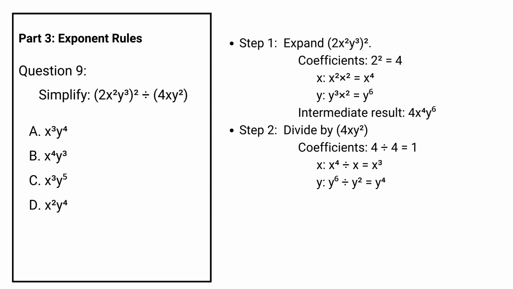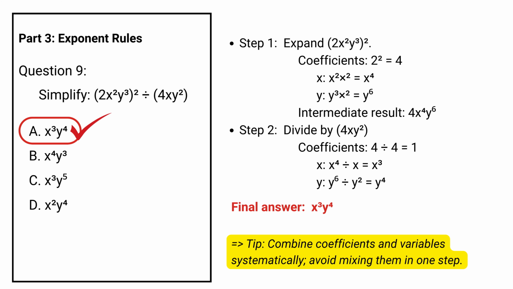So we have 4x to the 4th y to the 6th. Now divide by 4xy squared. 4 divided by 4 cancels to 1. X to the 4th divided by x gives x cubed, and y to the 6th divided by y squared gives y to the 4th. Final answer, x cubed y to the 4th. Excellent. You just used all 3 rules in one question.